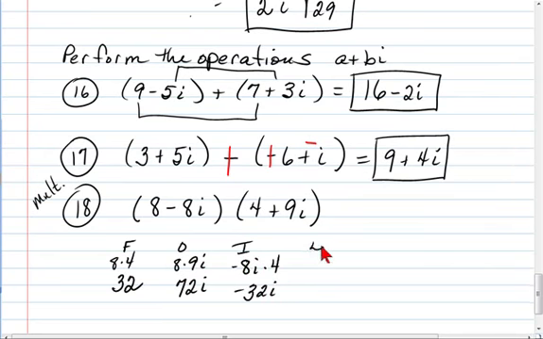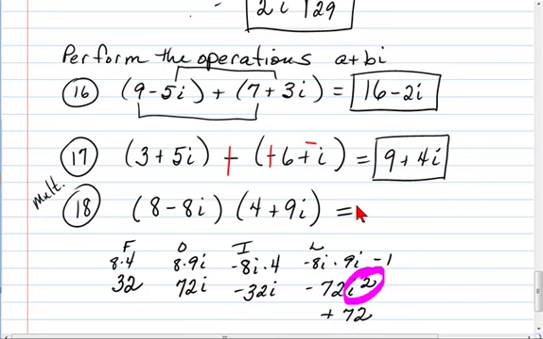Product of the last is -8i times 9i, gives me -72i squared. But hopefully we remember that i squared is the same thing as -1. -72 times -1 is positive 72.